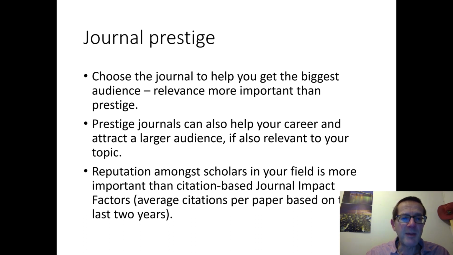And when you read papers in your literature review, look at the journals that are publishing the papers that you think are really good ones. So a combination of the two can get you an idea about which are the prestigious journals for your topic. And it's also true to say that prestigious journals for one topic are not prestigious for another. So it is really a topic specific thing.